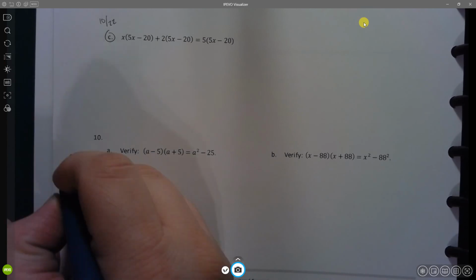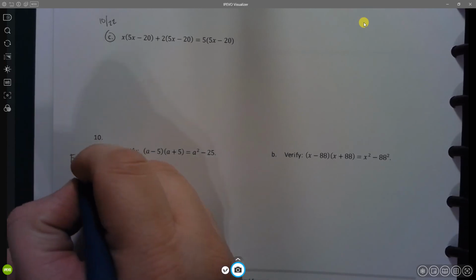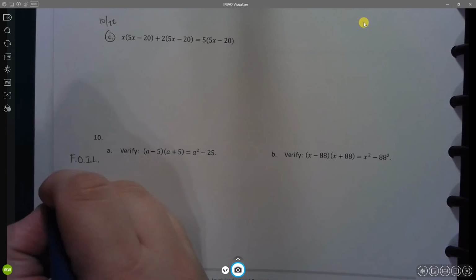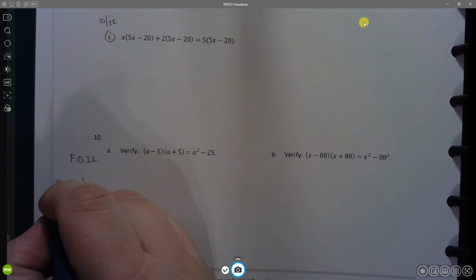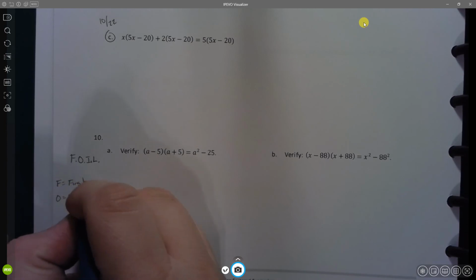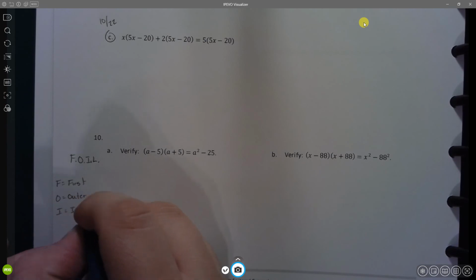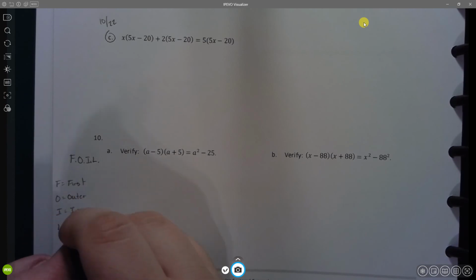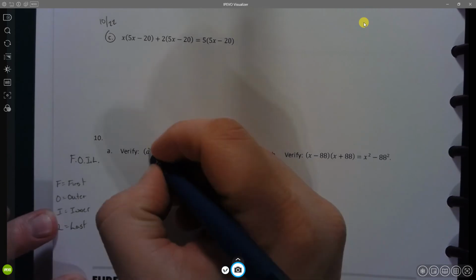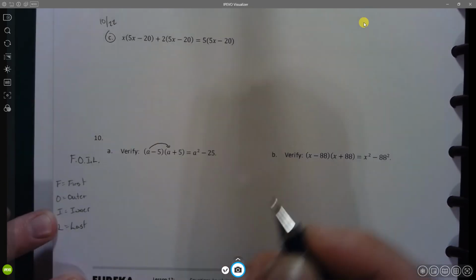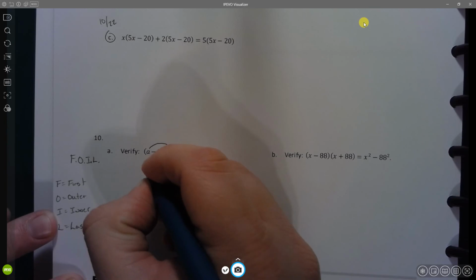Now, if you remember, I told you about FOIL. F represents the first terms, O represents the outer terms, I represents the inner terms, and L represents the last terms. So the first terms, A times A, is A squared.